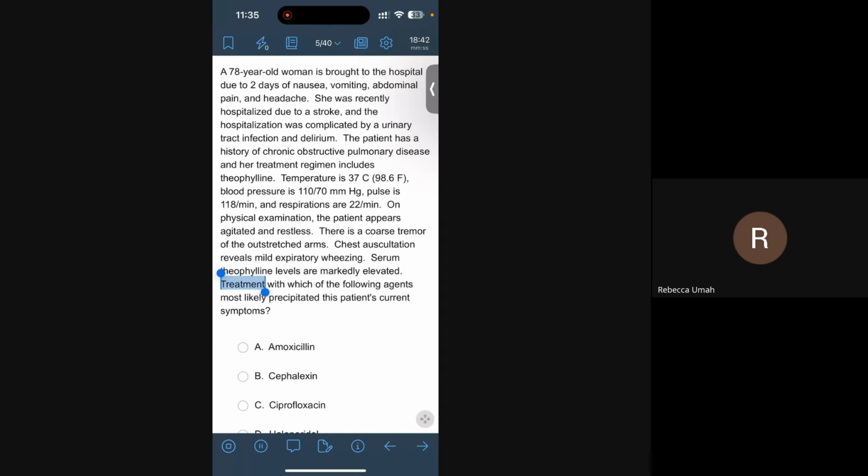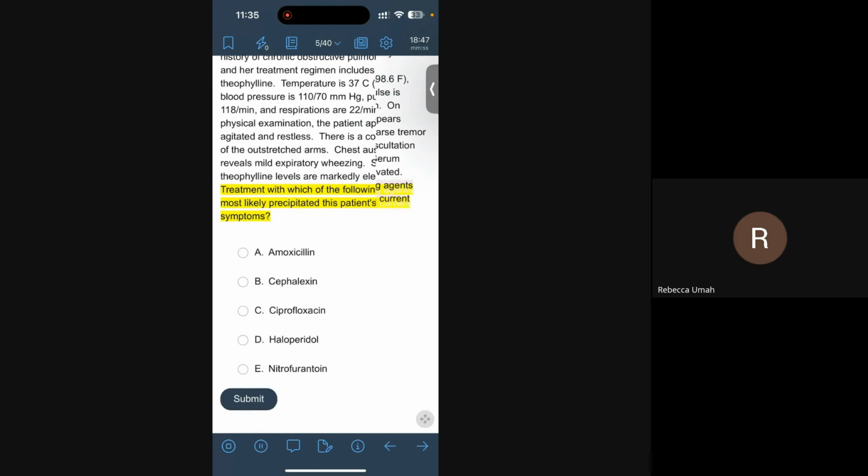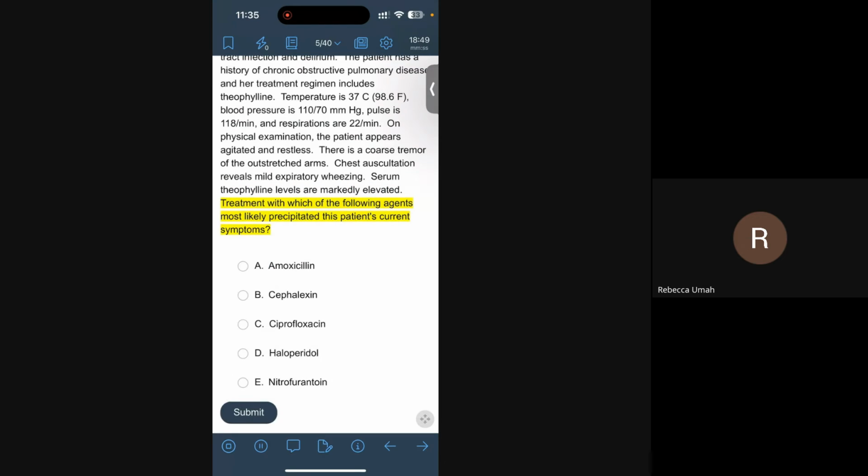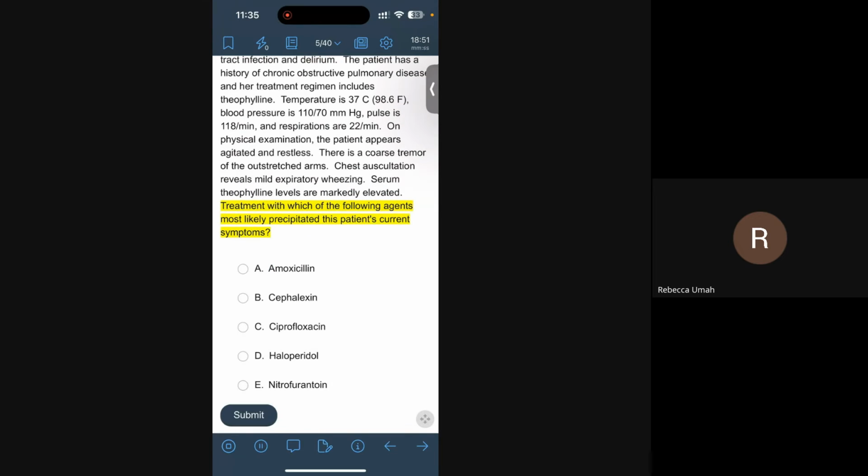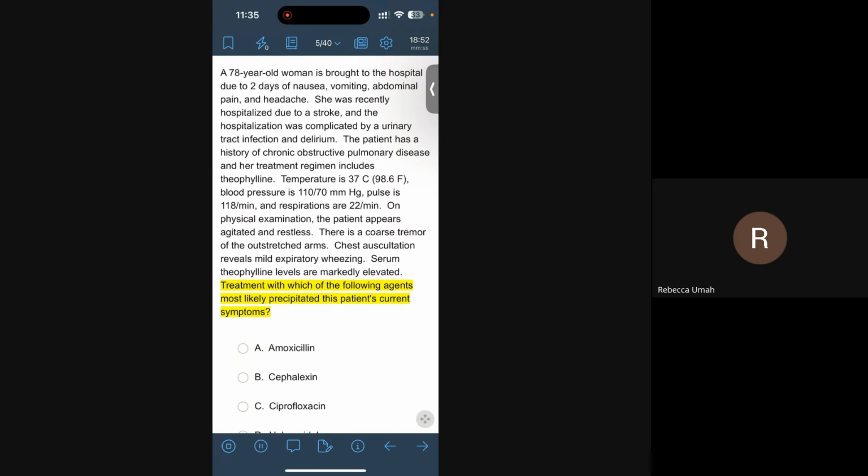Treatment with which of the following most likely precipitated this patient's current symptoms? Let's see. A 78-year-old with 2 days of nausea, vomiting, abdominal pain, and headache. She was recently hospitalized due to stroke, and hospitalization was complicated by a urinary tract infection and delirium.